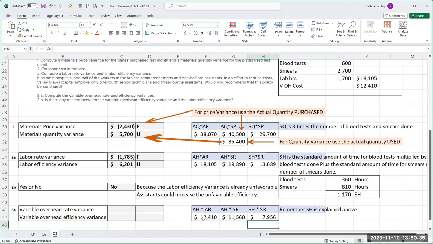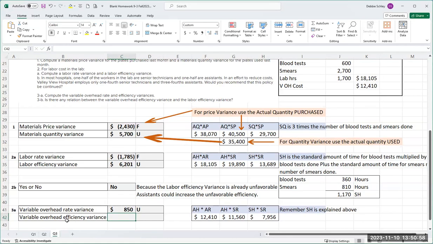Okay, variable overhead rate variance. This is where our rate is compared. It's the first one minus the second one. AH times AR minus AH times SR. This is my actual, and this is my standard. Actual was more than my standard, and so this is unfavorable.